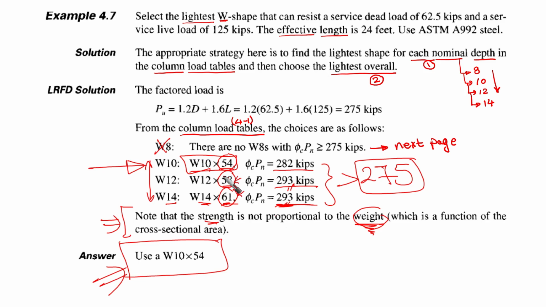Why? Because the cross-section distribution for this one utilizes the 58 in a way that gives the same strength as the 61. So this means that W10 has the least weight and a very good strength, larger than 275, so it's the most economic for our case. So we're going to use it.